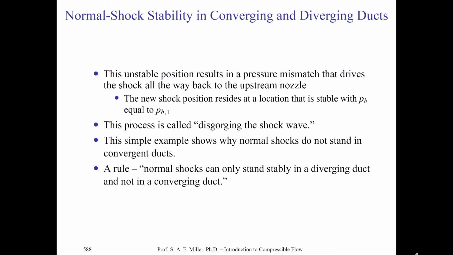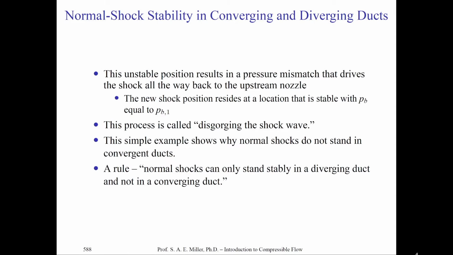So this means, indeed, that this position will result in a pressure mismatch, which drives the shock all the way back to the upstream of the nozzle. This process is called disgorging, and it can not only happen in supersonic wind tunnels, it can also happen in aircraft engines.